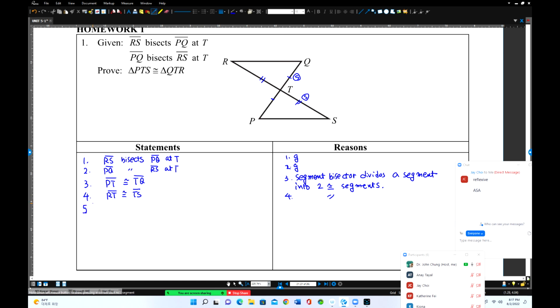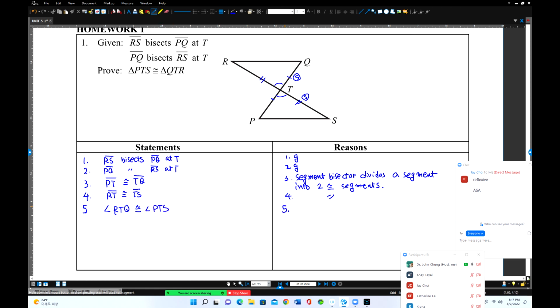Now we have two sides already. To prove the triangles congruent, we need one more. Which one? It's not given here. You can see that these two vertical angles are congruent, so you can say angle RTQ congruent to angle PTS.